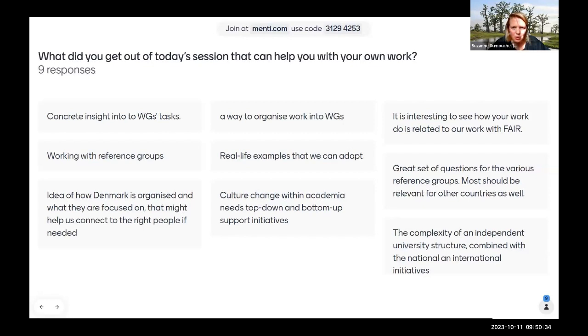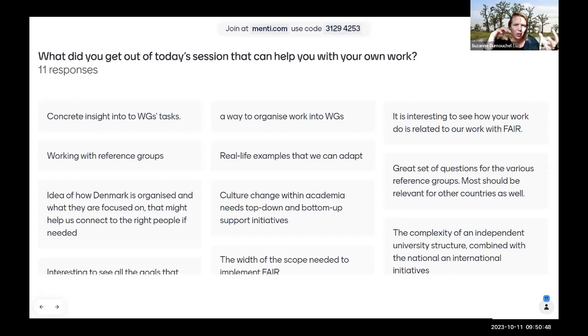Great set of questions, so that's good as well. The cultural change within academia, which needs top-down and bottom-up support initiative, indeed. And I think it was very clearly mentioned and shown this morning, with both the top-down and the bottom-up meeting at some point to make sure that the plan is fitting for everyone.